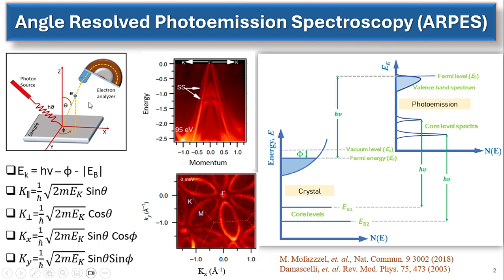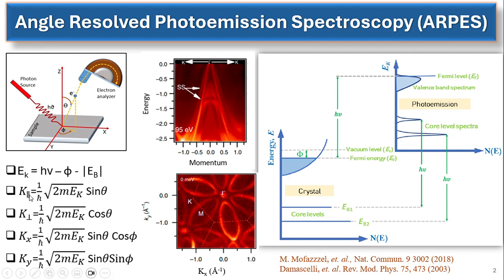Then we use energy and momentum conservation to study the energy versus momentum, or the electronic structure, along a particular high symmetry direction, as well as the Fermi surface, with momentum along the ky-axis and momentum along the kx-axis. The Fermi surface and electronic structure carry the properties of the materials.